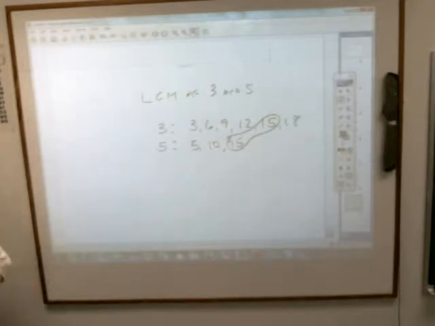To which most people say, well, sir, 3 times 5 is 15. Is the least common multiple always just those two things multiplied together? It is not. A common multiple will be. You'll always get a common multiple that way.